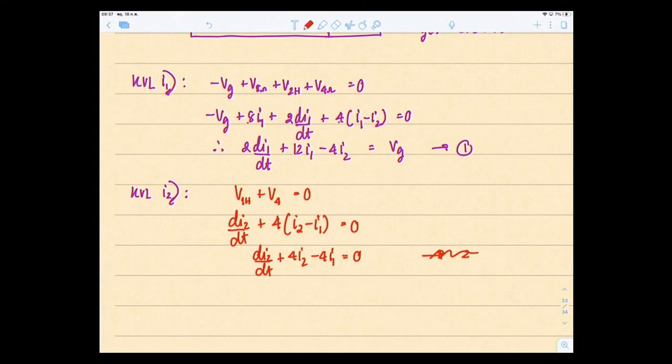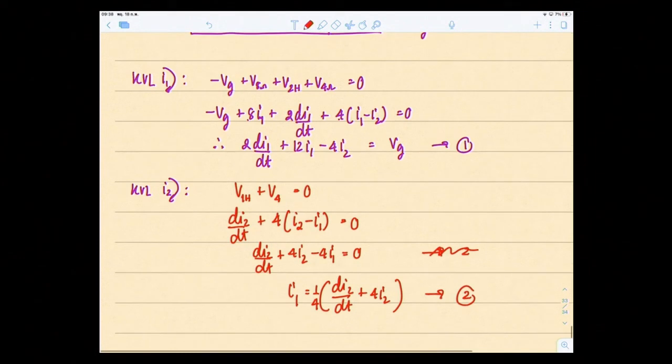From this equation, I get I1 equal to di2/dt plus 4I2, divided by 4. So this is my second equation.